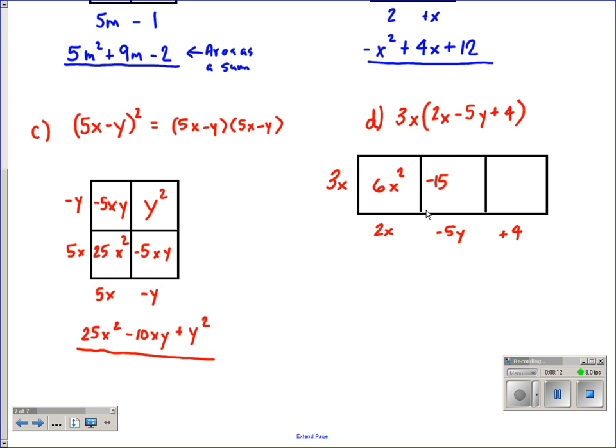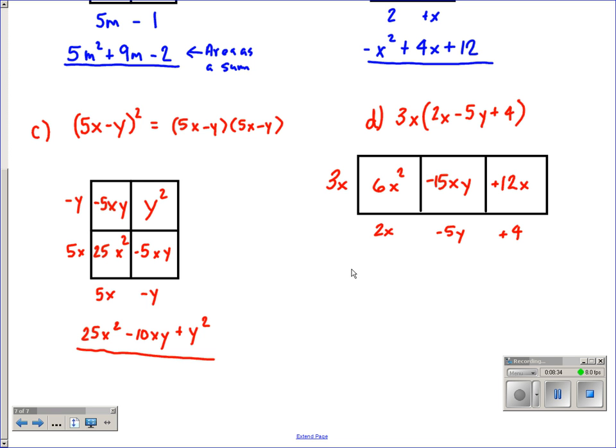Then we have x and y. We're multiplying y times 1, more or less, and x times 1, because neither of them have any other x's or y's. And then we've got 4 times 3x, which should give us positive 12x.